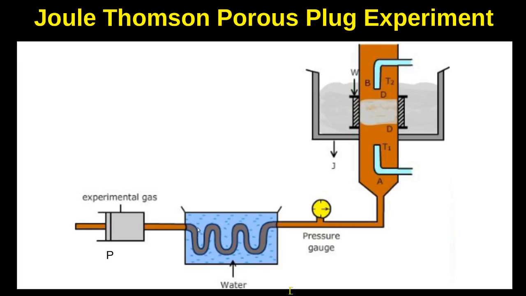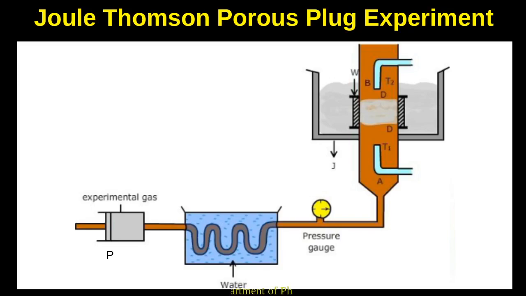While it passes through the porous plug, the gas is throttled. Why is it throttled? The separation between the molecules increases. On passing through the porous plug, the volume of the gas increases against the atmospheric pressure.